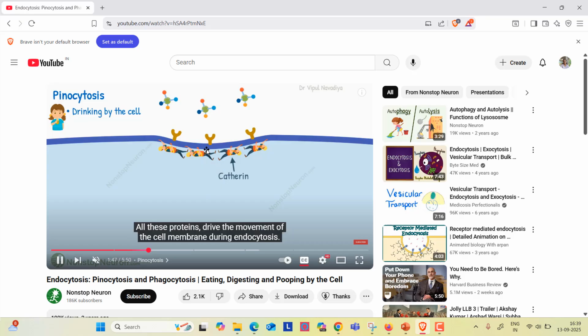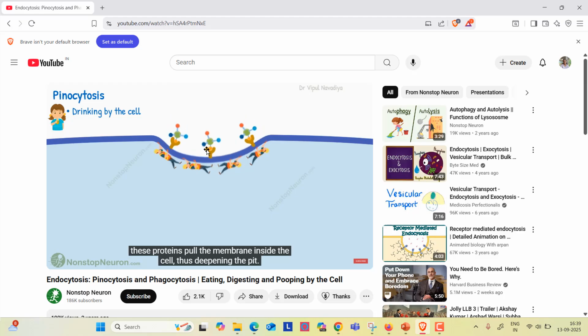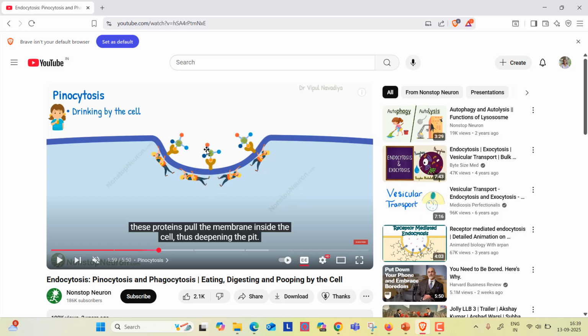Now what will happen? All these proteins drive the movement of the cell membrane during endocytosis. When the particle attaches to the receptor on the outer side of the wall, these proteins pull the membrane inside the cell, thus deepening the pit. See how this clathrin protein and actin and myosin are helping these molecules get inside the cell.